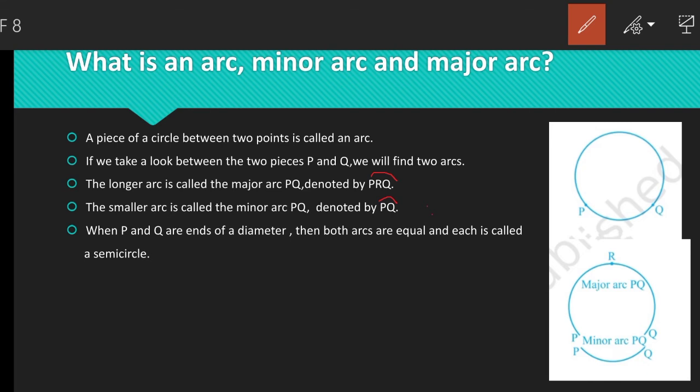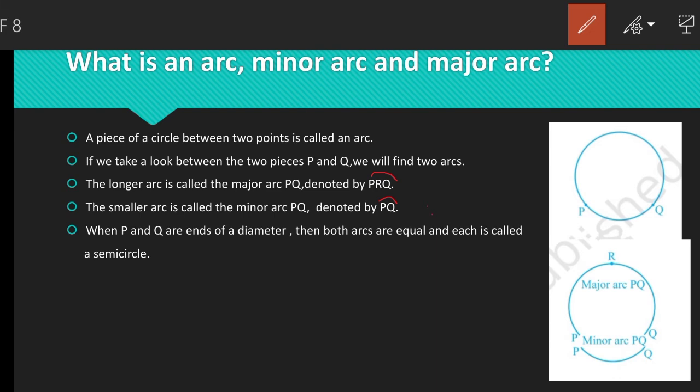If we take a look between the two points P and Q, we will find two arcs, one with a smaller portion and one with the bigger portion. The longer arc is called the major arc PQ, or denoted by PRQ. You can see in this second diagram that there is a point R on top of the circle. So that forms the major arc, which is the longer arc.